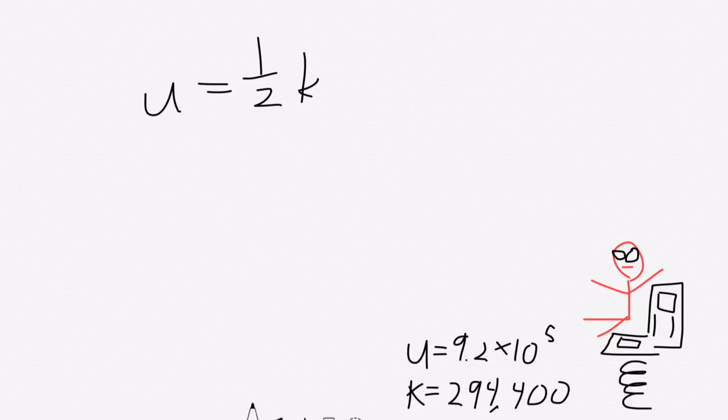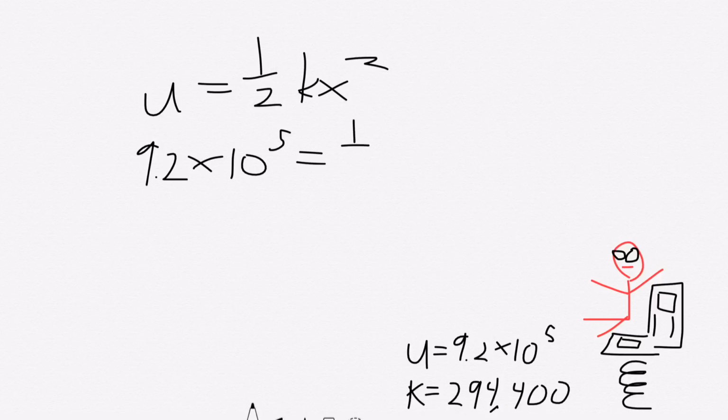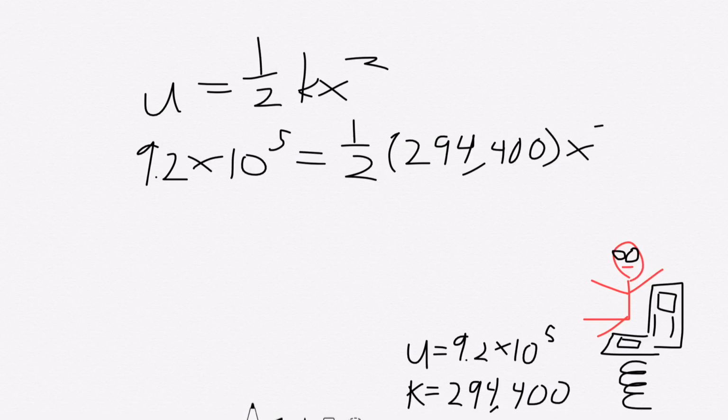And so we're going to take our equation, U equals 1/2 kx squared, and plug everything in. Okay, and x squared. So now we're going to solve for x, and you should get 2.5.